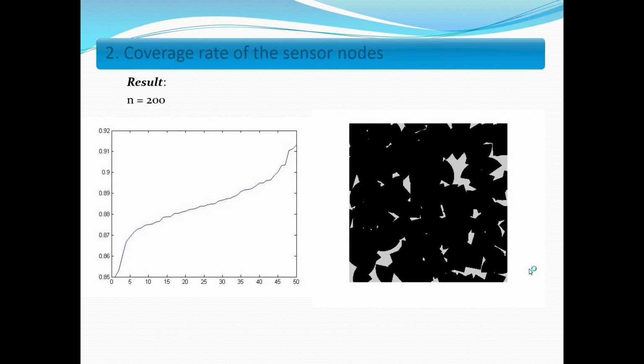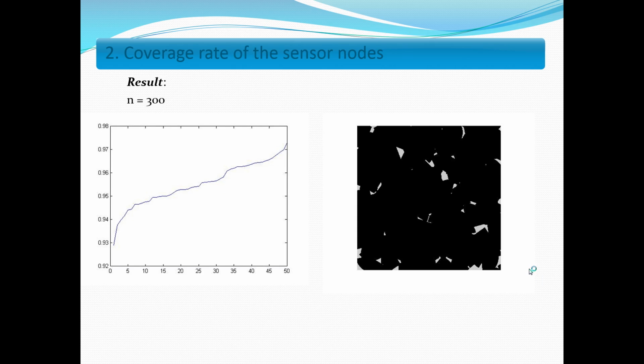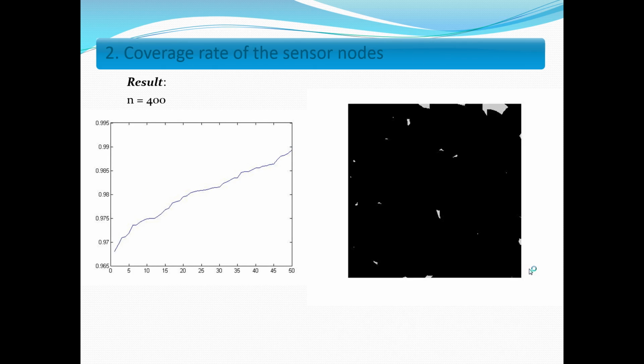Here is when the sensors is 200, and the probability and coverage rate is about 0.913. And this is when the sensor node is 300, the probability is about 0.975. And this is when the number of sensor nodes is 400, the probability is about 0.985.